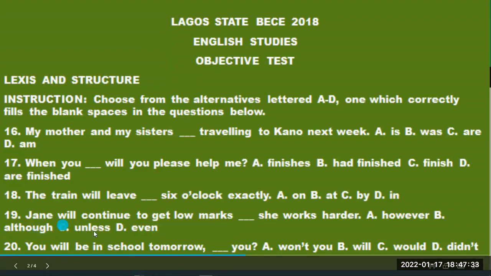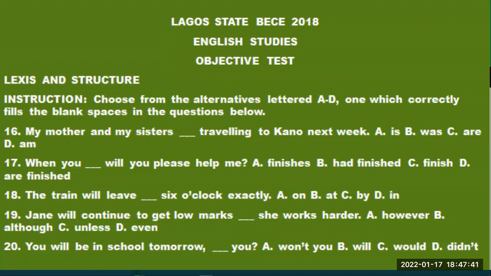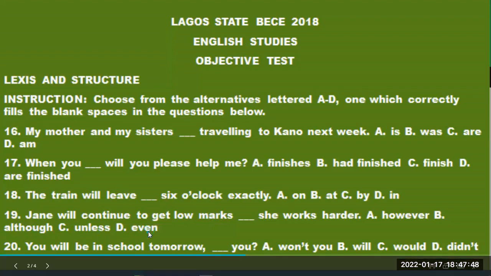It doesn't really fit in. Jane will continue to get low marks unless she works harder. That makes it a conditional sentence. All right. Now, option D, even. Jane will continue to get low marks even she works harder. Doesn't sound correct at all.